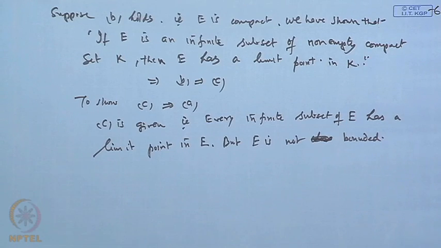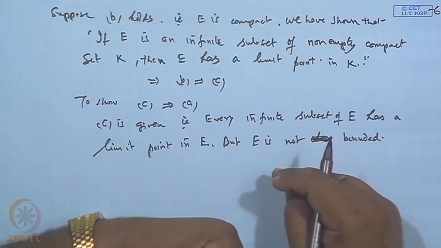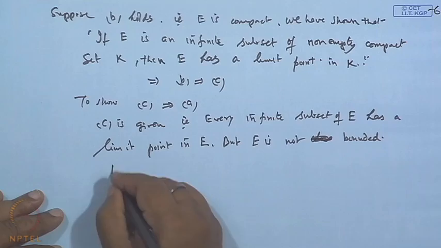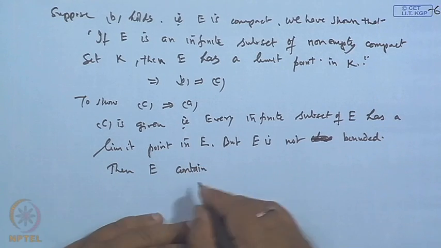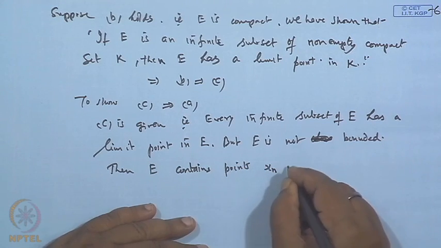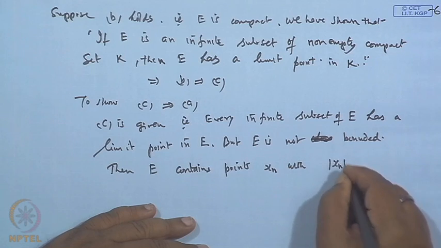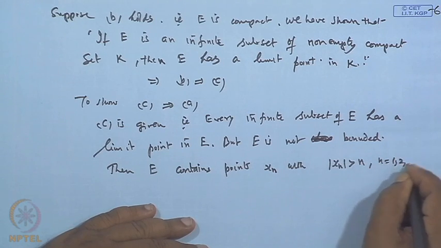If it is not bounded, there will be a sequence of points in E whose norms go to infinity, that is x_1, x_2, ..., x_n, such that |x_n| is greater than n. So, E contains the points x_n with the property that |x_n| > n for n = 1, 2, 3 and so on.